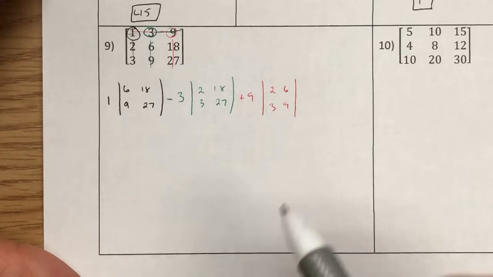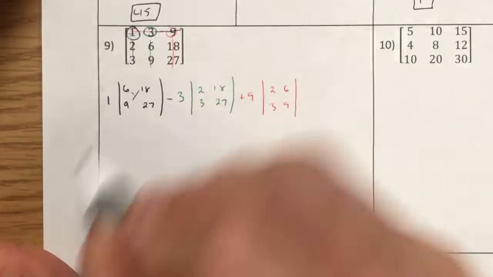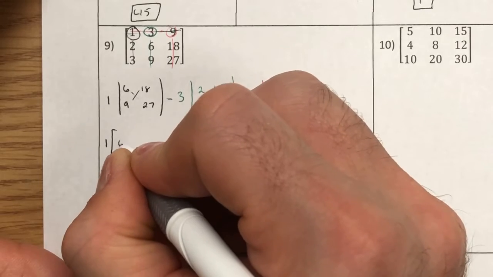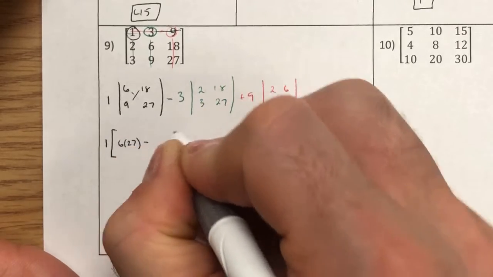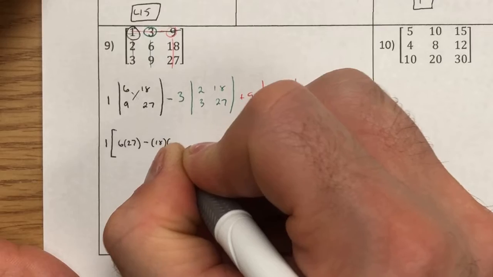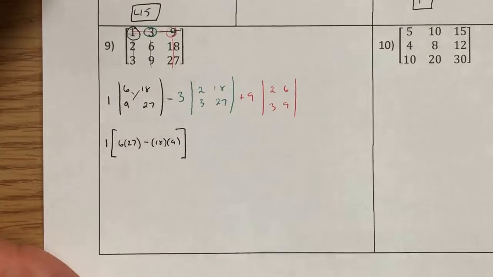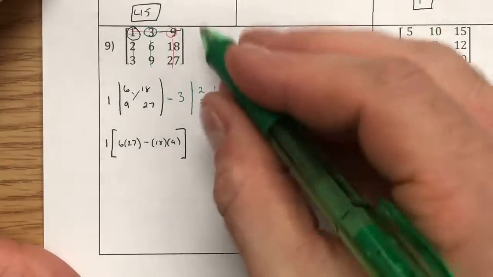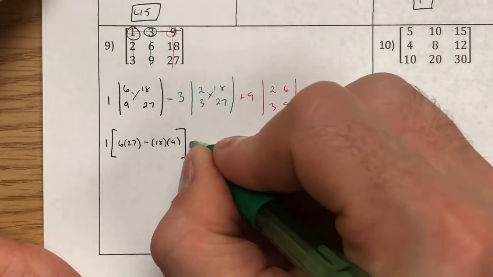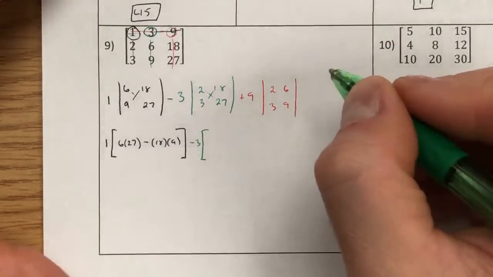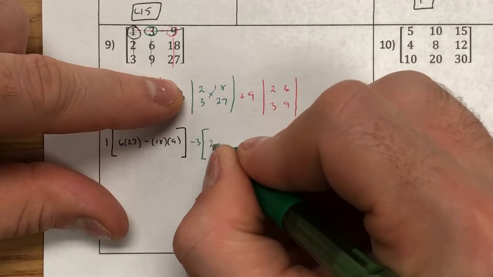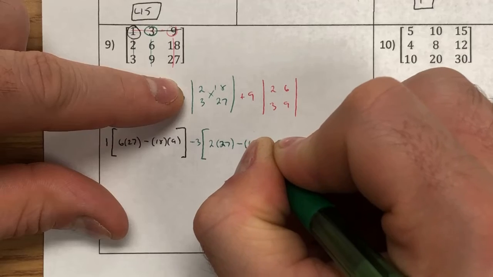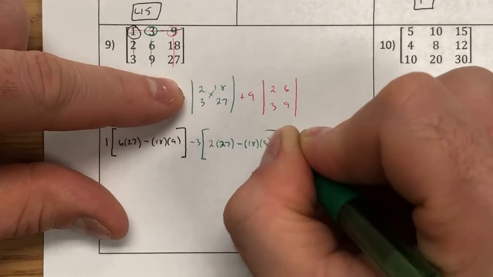And so now with these three right here, I have a 2 by 2, a 2 by 2, and a 2 by 2. I know that to find the determinant of these 2 by 2 matrices, it's just going to be 1 times whatever 6 times 27 is, minus 18 times 9. To do the same right here, it's going to be minus 3 times, this is going to be 2 times 27, minus 18 times 3.